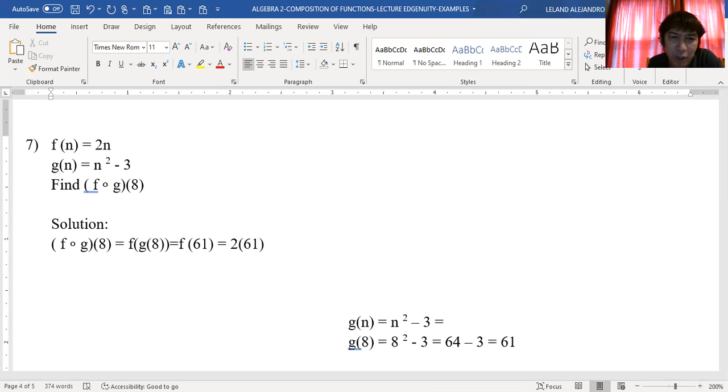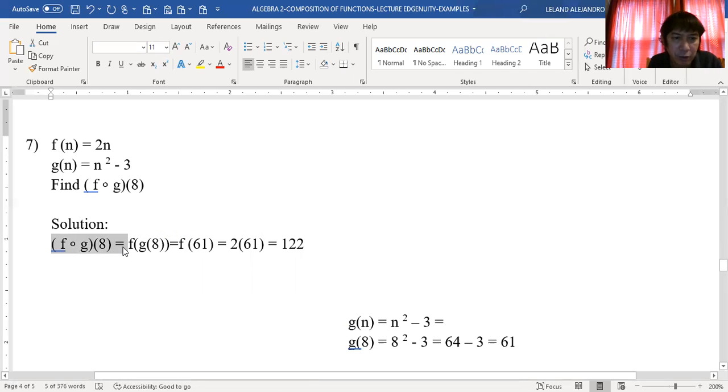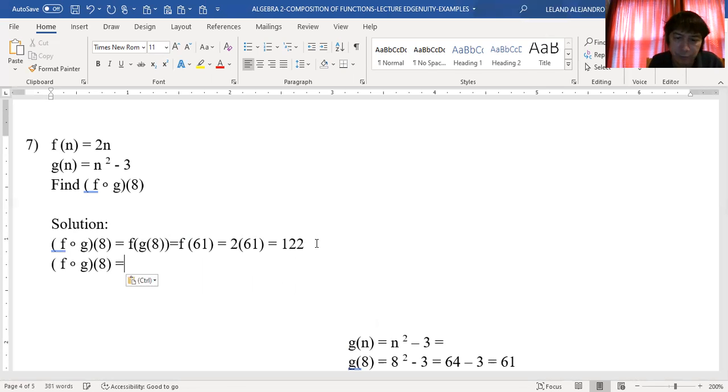And now we have 122, and that is the required value and the required answer. So this is equivalent to 122. That's how to obtain or evaluate a given composite function with a numerical value.